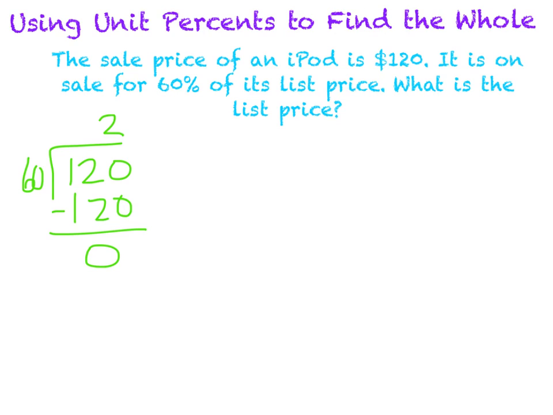In order to begin solving this problem, we divided the sale price by the percentage that the sale price is of the total value. We did this because if you know the value of a given percent, you can find the value of the unit percent by dividing. In this case, our division told us that 2 was the unit percent. 2 is equal to 1% of the total cost.